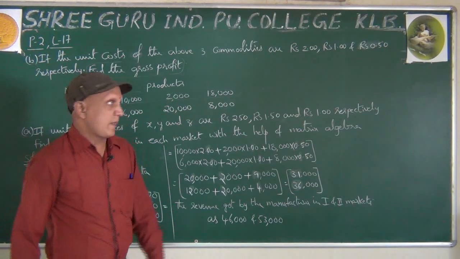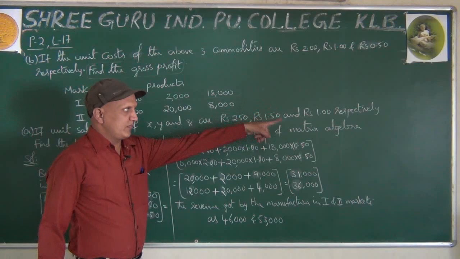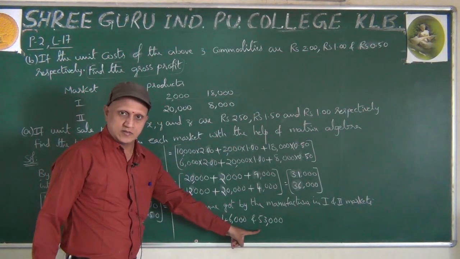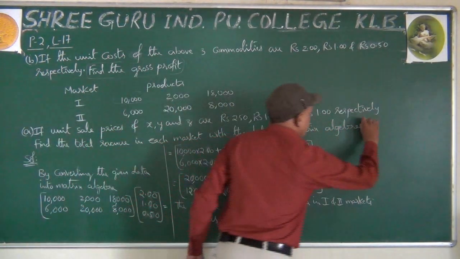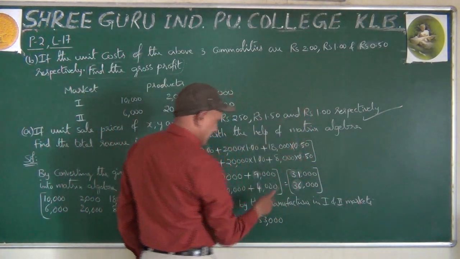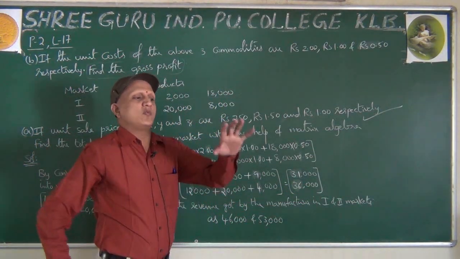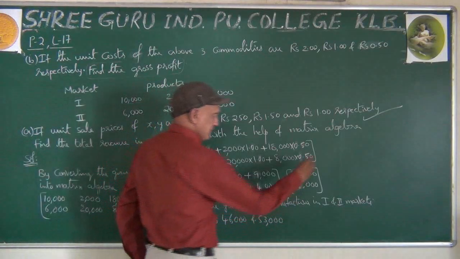See the difference? With respect to this rate, he got this much. With respect to this, he got this much. Now what we have to find is the gross profit.